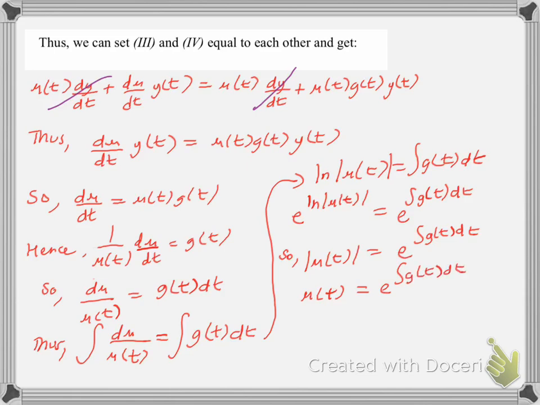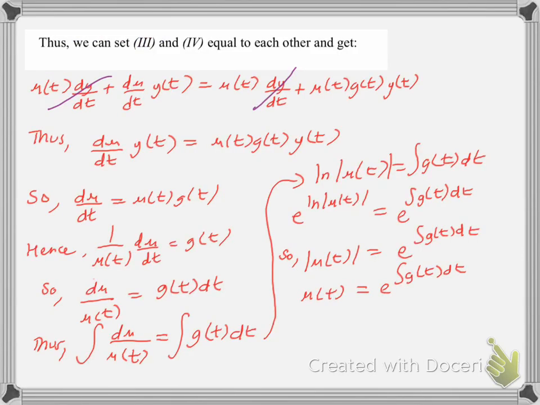And this is because, I'm going to need another slide. So here's a note, because I know you may be wondering, where did this absolute value go? The note we can make is this: mu of t is called an integrating factor, and you should have that in your definitions from page 1.